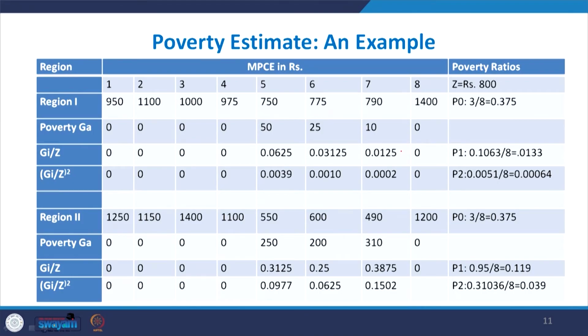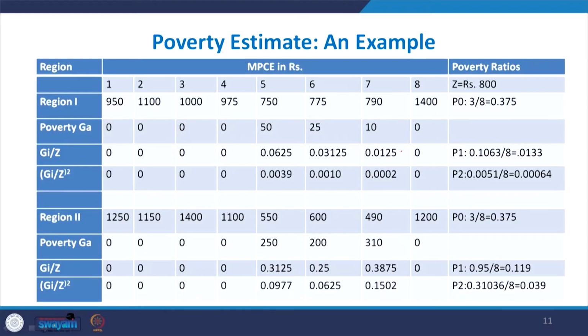Let me take a simple example to explain all three measures of poverty. Take the example of two regions, region first and region second.